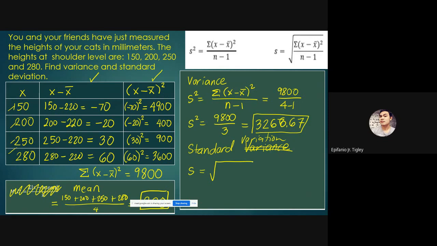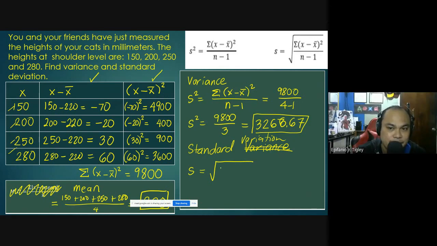How much is our variance? 3,266.67. Get the square root of that. What is the answer now?